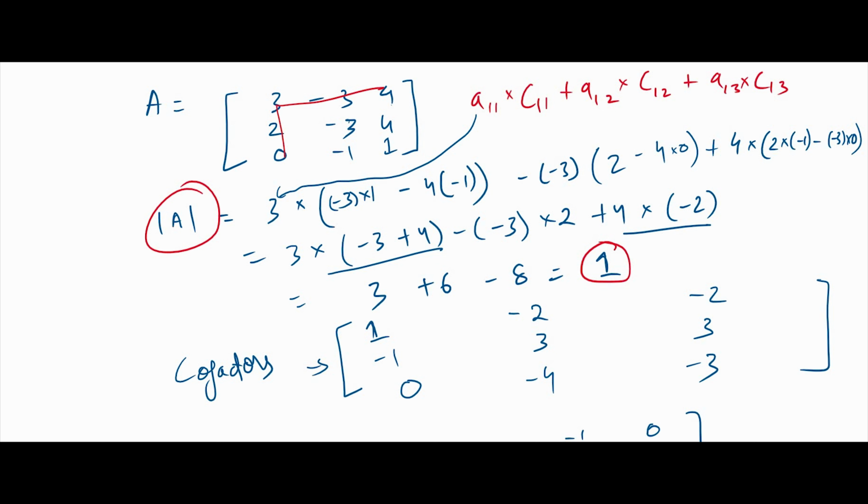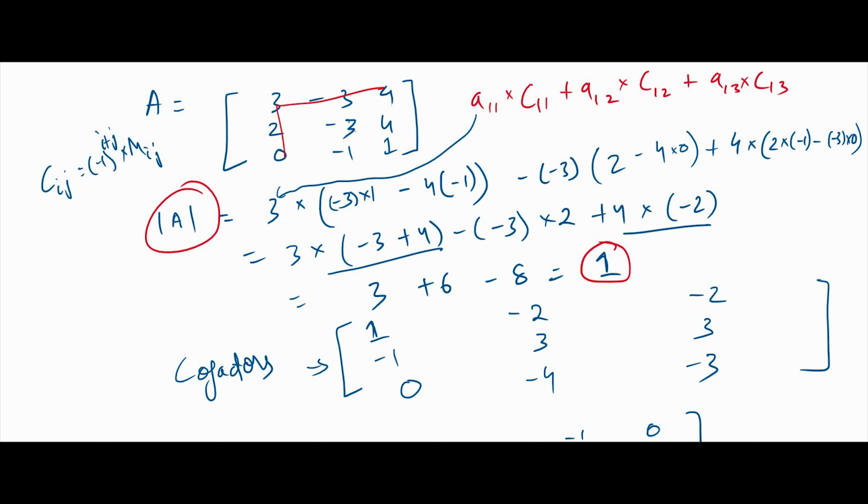What is the cofactor? Cofactor Cij is equal to minus 1 to the power i plus j into the minor, right? What is the minor? Minor is what we get when we hide the row and column.